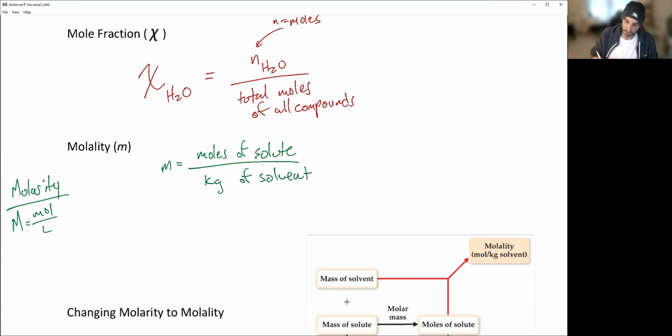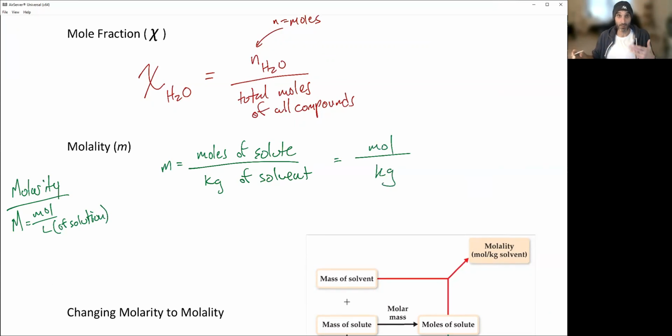By the way, molarity is moles over liters of solution. So it's very different in terms of what you actually have. So kilograms of solvent, not solution, unlike molarity, which is liters of solution. So moles of solute over kilograms of solvent, that's equal to lowercase m. So the unit is moles per kilogram. They're not the same thing.